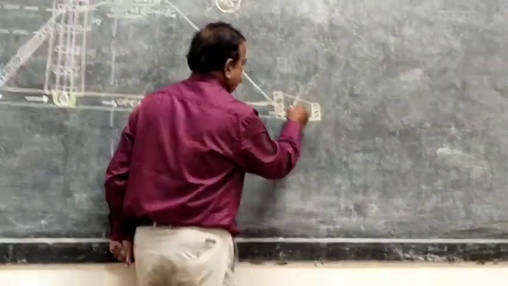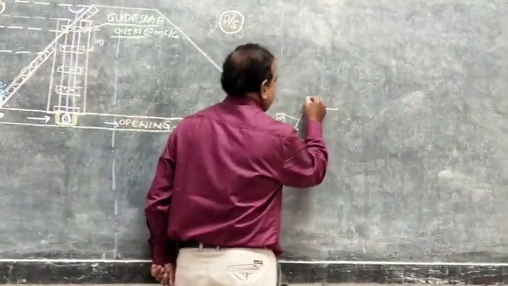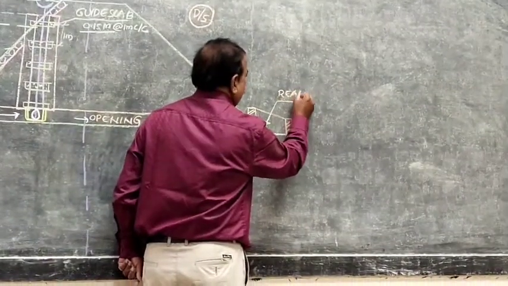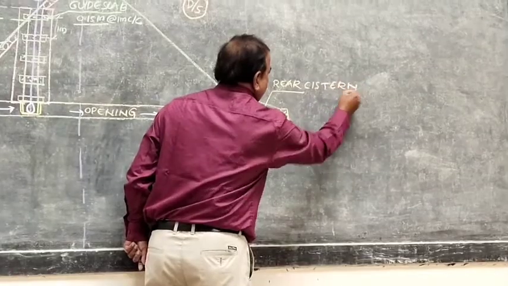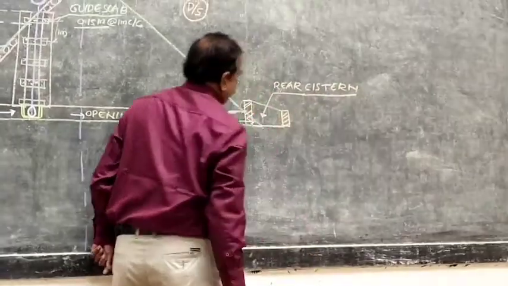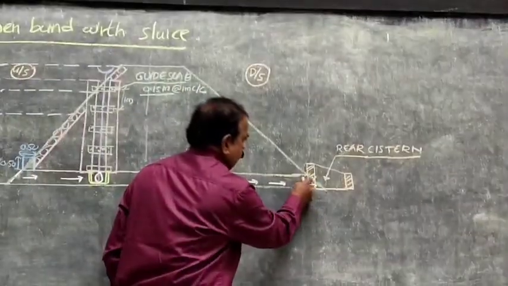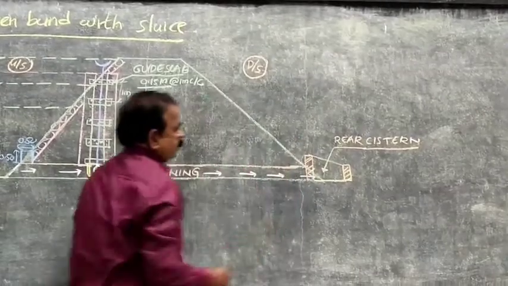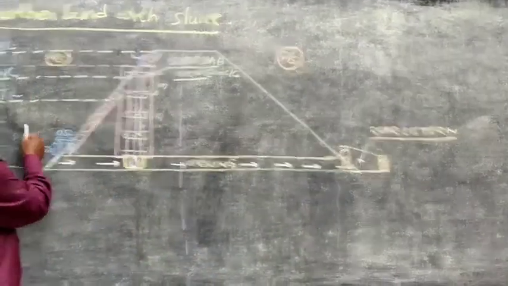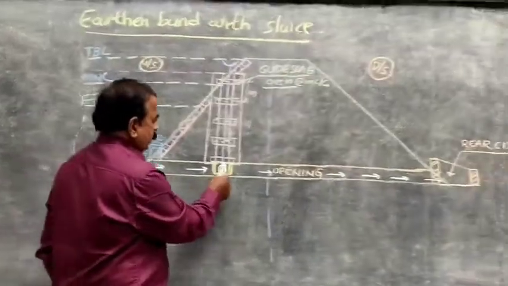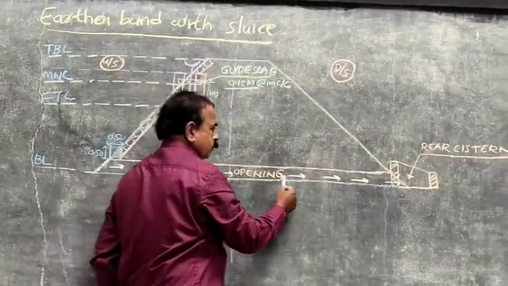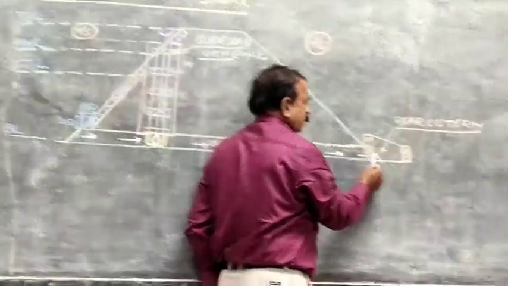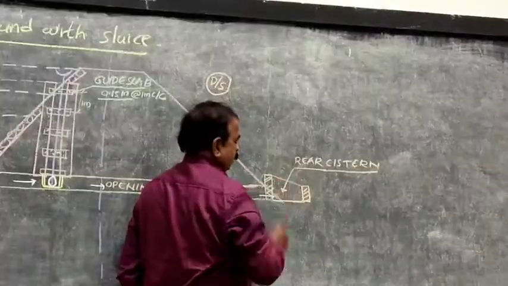It is nothing but the rear system, rectangular in shape, and equal. The water which is allowed to flow here will be lifted up, and then the water will come into the opening and immediately into the rear system.